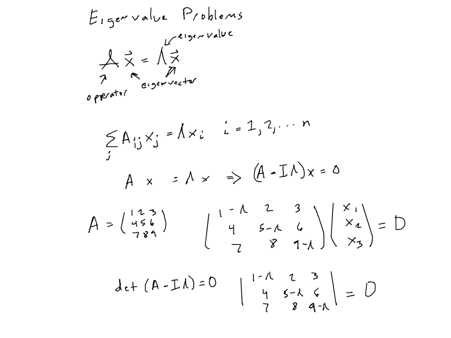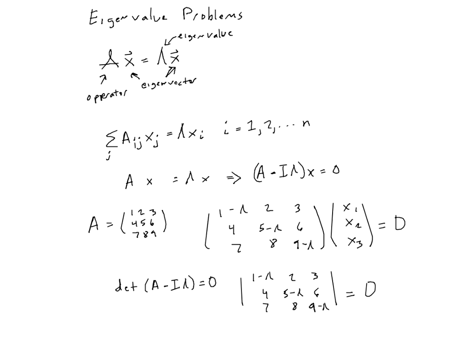So then, once you find the eigenvalues, what you do is you plug each eigenvalue into the matrix here, and then solve this equation. By doing that, you're solving for x1, x2, and x3.